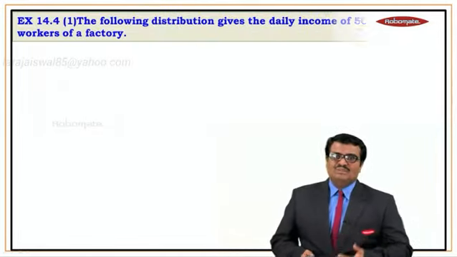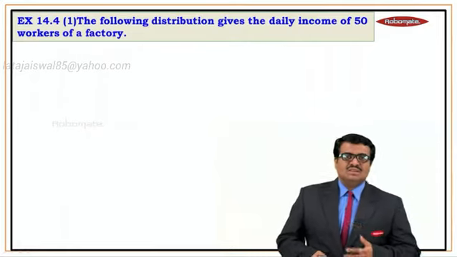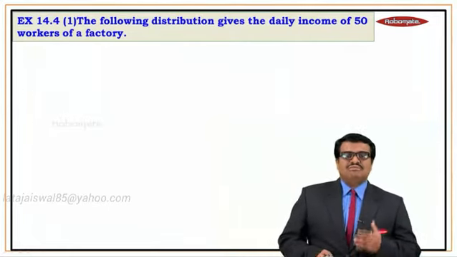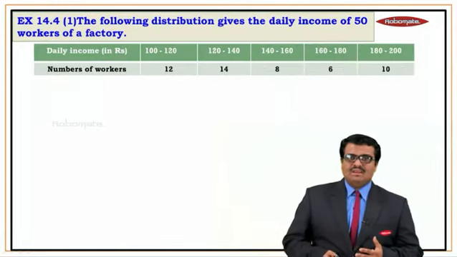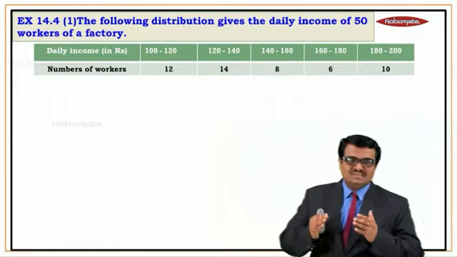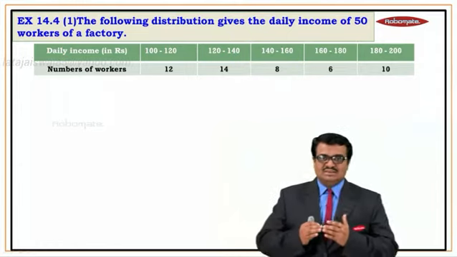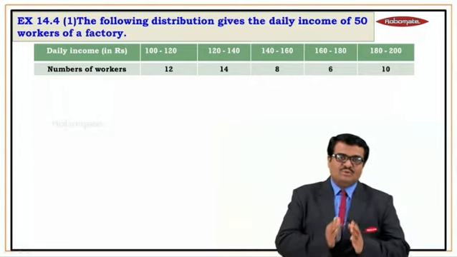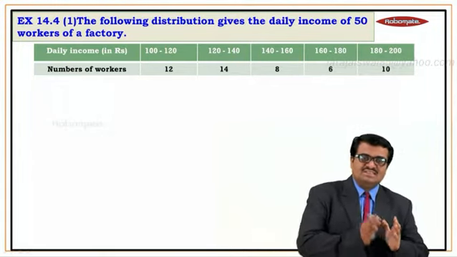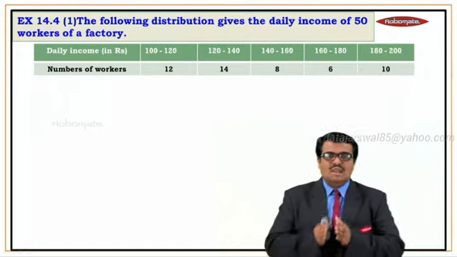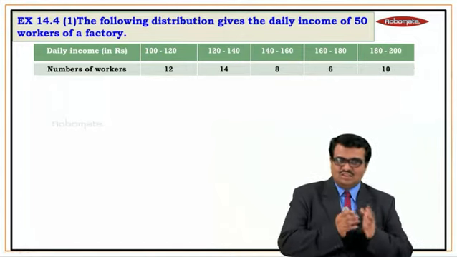So with the help of a problem, we'll understand this. The question is, the following distribution gives the daily income of 50 workers of a factory, and this is the data given to us. The first row is daily income in rupees, and the second row is number of workers. The daily income in rupees is given as 100 to 120, 120 to 140, 140 to 160 and so on, and the second row is number of workers: 12, 14, 8, 6, 10 and so on.